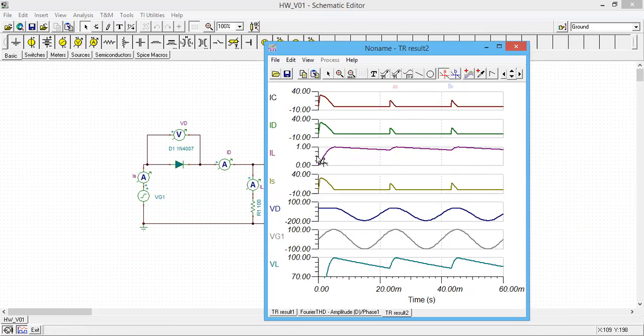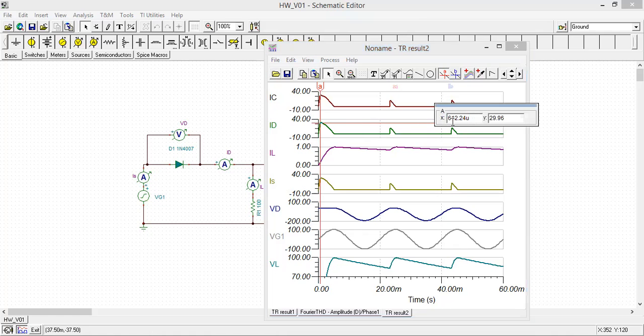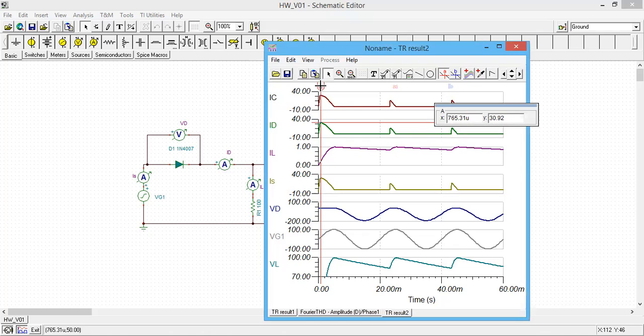See what happens to the diode current. Initially the diode carries around 29.96 amps of current at startup to charge the capacitor, and the diode only conducts for very small regions, as the capacitor has a charge. When the capacitor does not have the charge, it only conducts for a small region to get the capacitor charged to its peak.